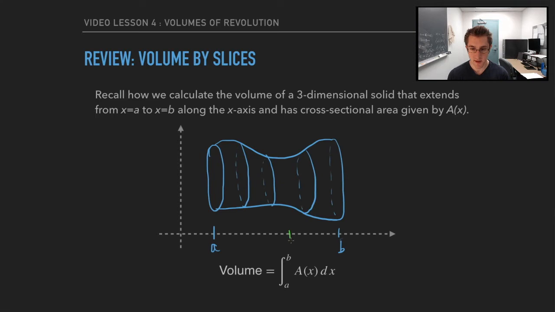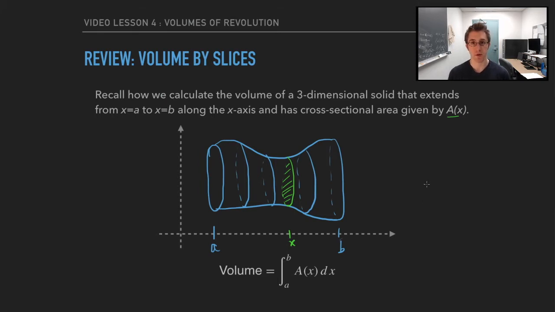If x is here, then I have a slice above x, which is some shape, and I suppose that I'm given the cross-sectional area at each point x as a function A of x. Then we've seen that if I want to calculate the volume of this solid, I can just integrate A of x from a to b, and that gives me the volume.